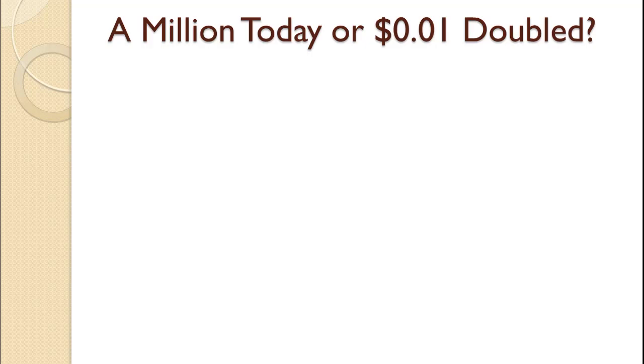But you'd be wrong. Here's what it looks like over the first 15 days. I pay you a penny today, I pay you 2 pennies, and then 4 pennies, 8 pennies, and so on. By the end of day 15, I'm paying you $163.84 that day, and I paid you a total of $328-ish. And at this point, halfway through, most people are going, man, should have taken $1 million.